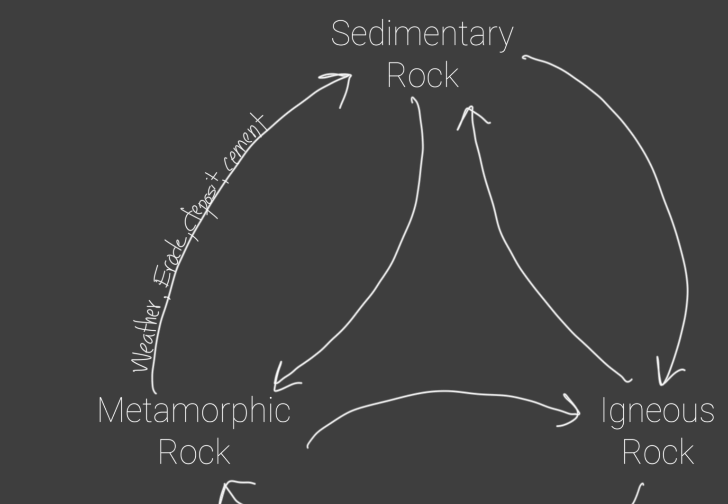So again, we have weathering, erosion, deposition, and cementing of the rock. We'll go ahead and add the same labels to the other arrow going towards sedimentary rock as well.